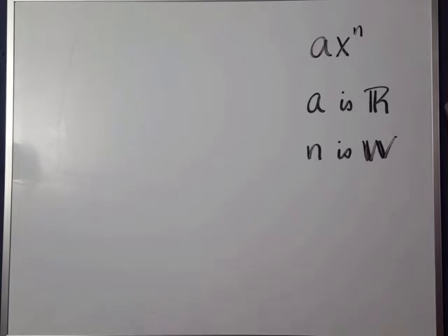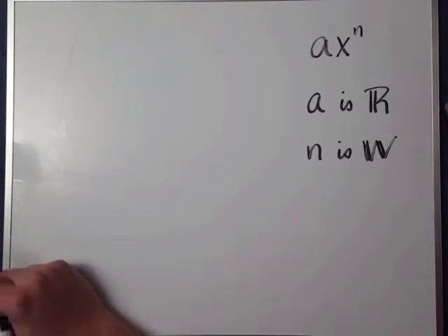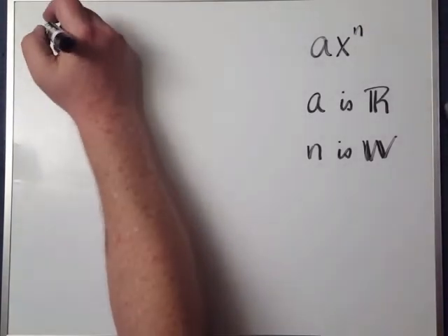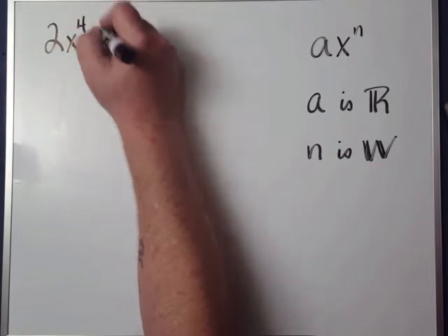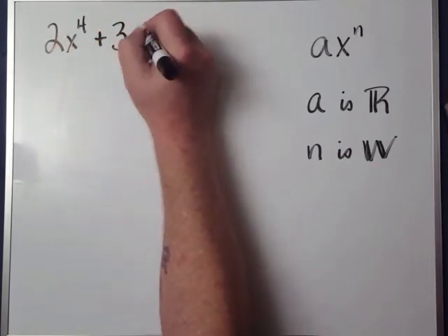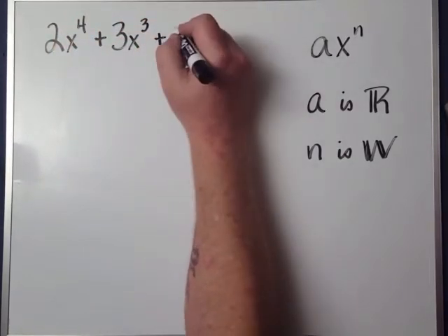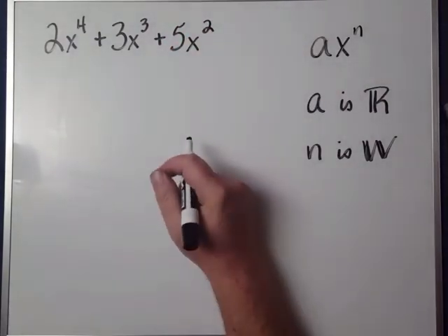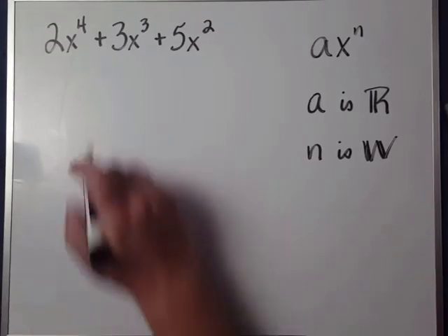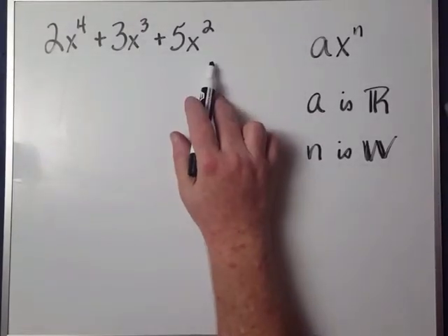So let's just look at some examples, and I want to ask the question, is this a polynomial? Let's say I've got 2x to the fourth plus 3x cubed plus 5x squared. Is that a polynomial? Well, it is a sum of a finite number of terms.